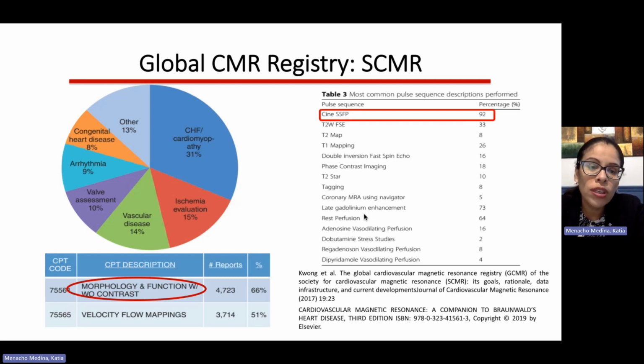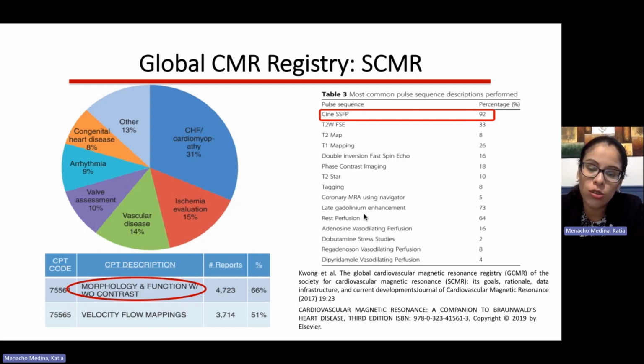And from all the indications for cardiac MRI, the group that had the most indications was the cardiomyopathy assessment of heart failure. Most of these heart failure cases are caused by cardiomyopathies.